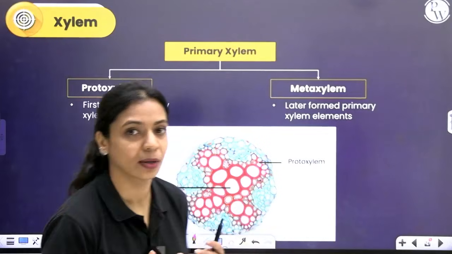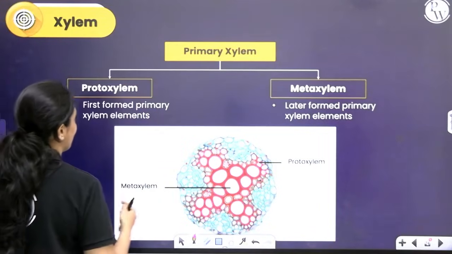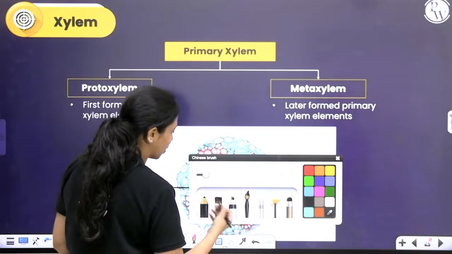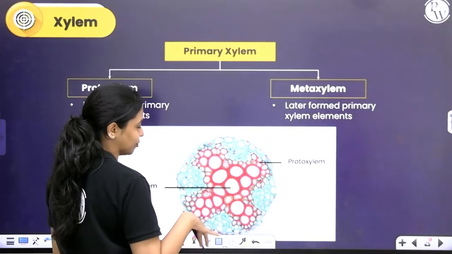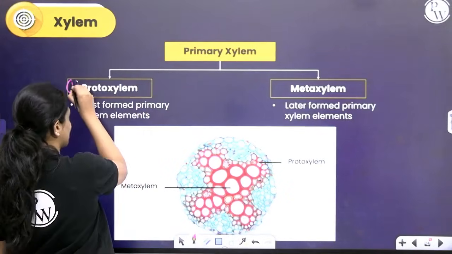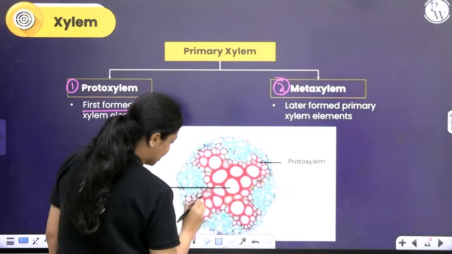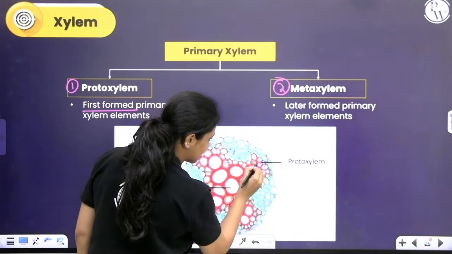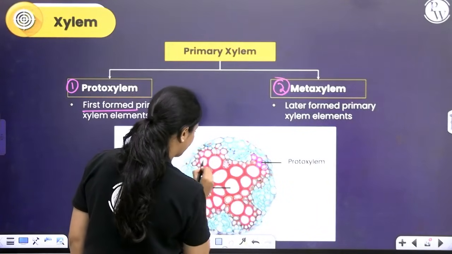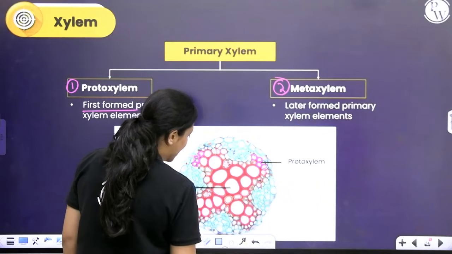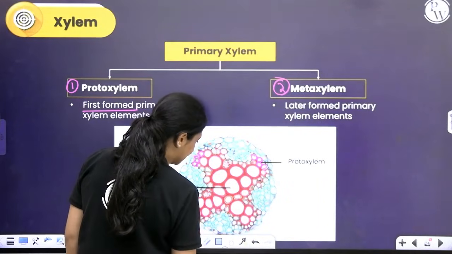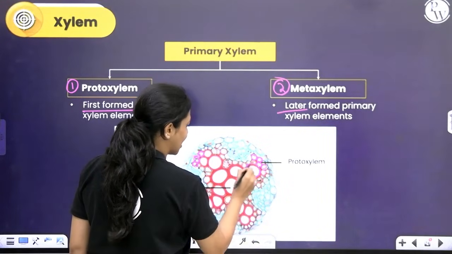Depending upon whether its lumen is smaller or larger, whether it was first formed or later formed, you can categorize it into protoxylem and metaxylem. Protoxylem is first formed. Here you can see protoxylem elements. These are smaller in diameter. Metaxylem is later formed and it is larger in diameter.